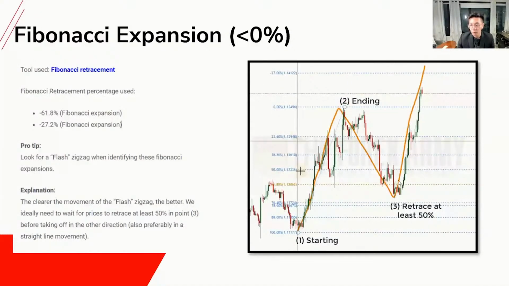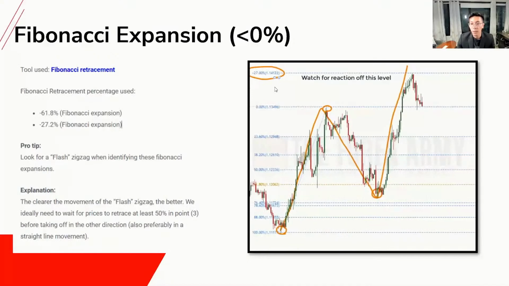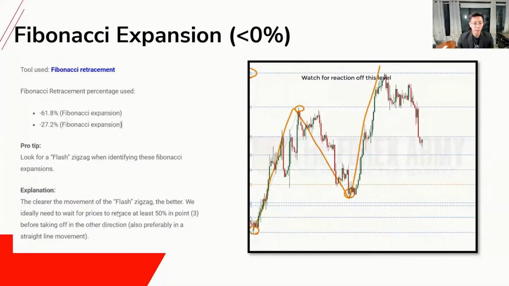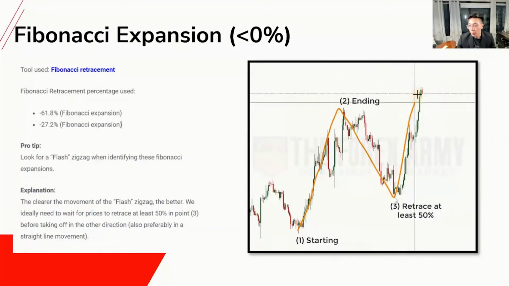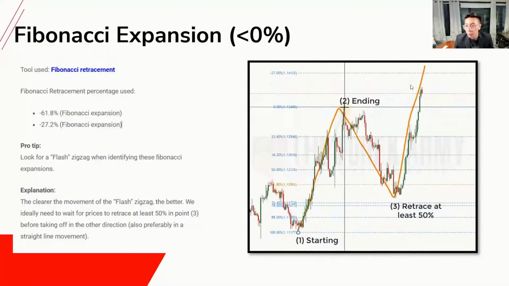At least 50%, right? Price coming down here, retracing 50%, and then taking off in the other direction. So we are expecting a sell right here at the negative 27.2 expansion level. The best situation would be that you enter a buy right here, and then you are buying all the way, looking for it to break here and go to the negative 27.2 expansion level.